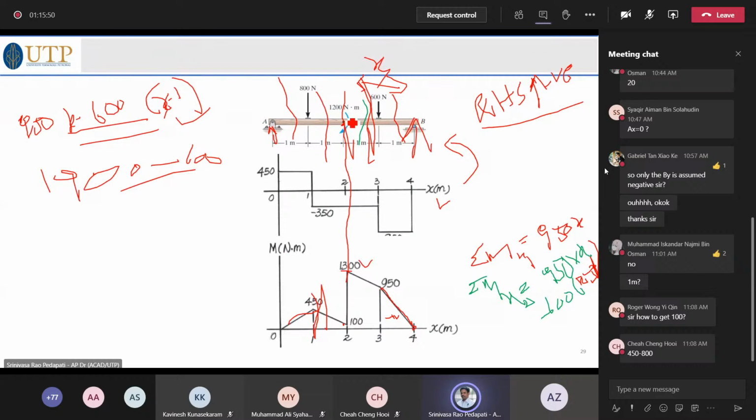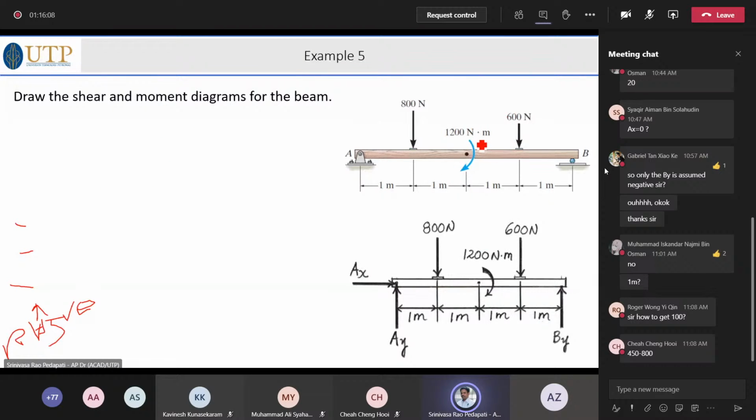But when you consider exactly this point, you have to add 1200. 1300 is obtained from this portion which is positive, which means anti-clockwise. If you look at the original figure, there is a 1200 Newton-meter moment acting at this middle point, so that is what we have to add.